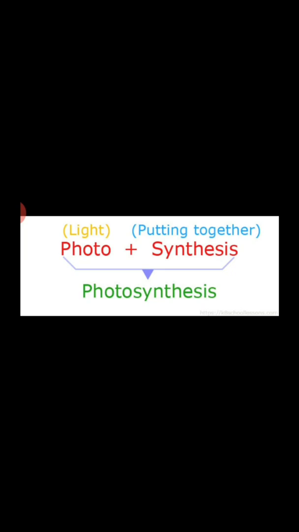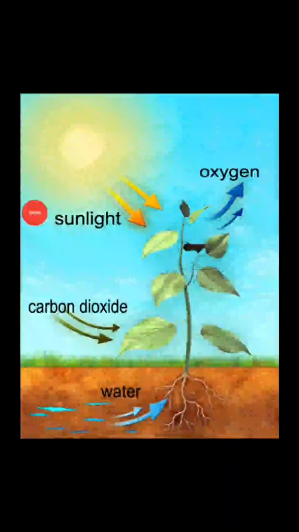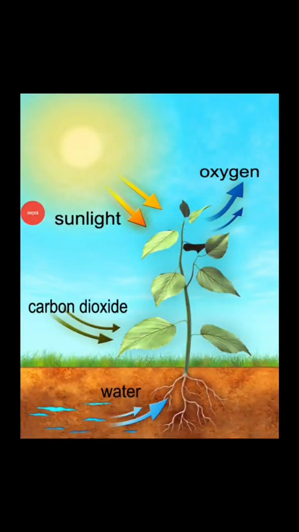Photosynthesis is the process of putting together carbon dioxide and water in the presence of the light, the sunlight, and it results in the making of the food by the leaves of the plants, also in the presence of the green pigment called chlorophyll. The leaves of the plants, in the presence of sunlight, carbon dioxide and water, prepare the food for the plants, and they give out oxygen in this process.